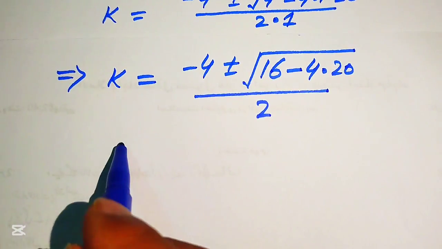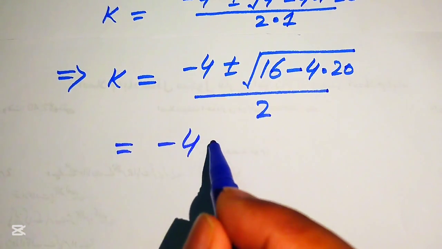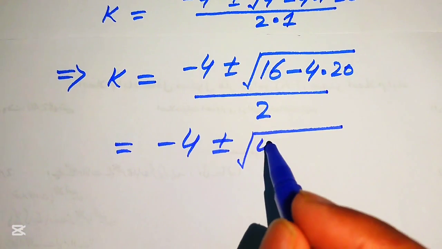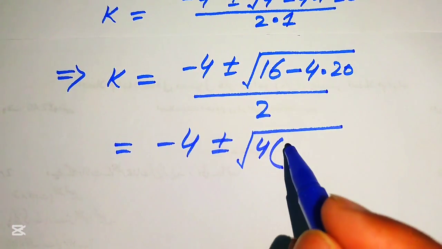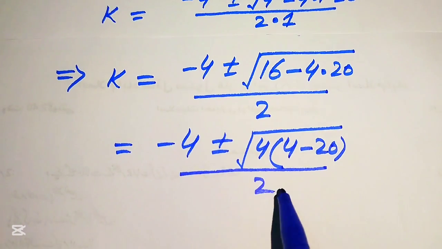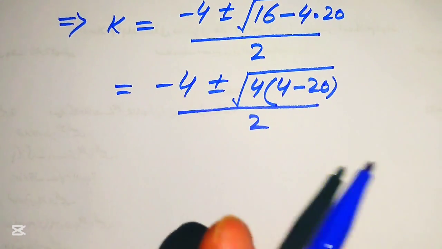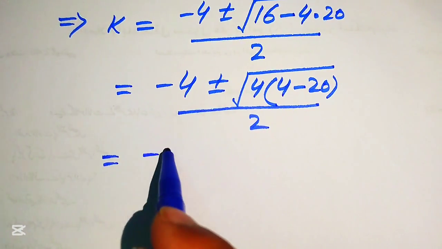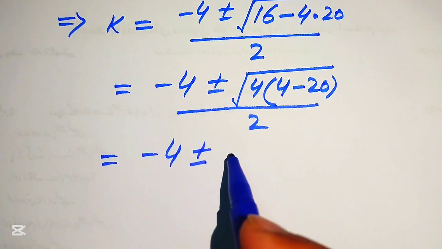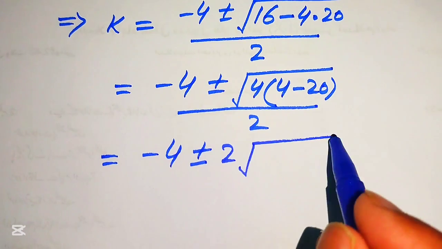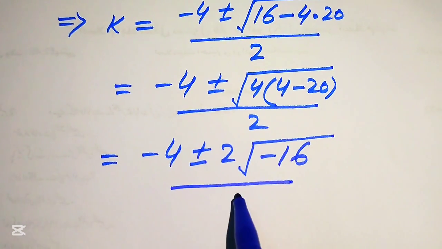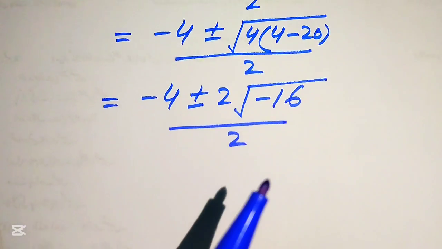Further simplifying, we take common 4 and the remaining values are 4 minus 20, divided by 2. So it will be written as minus 4 plus minus the square root of 4 equals 2 times the square root of 4 minus 20 equals minus 16, divided by 2.